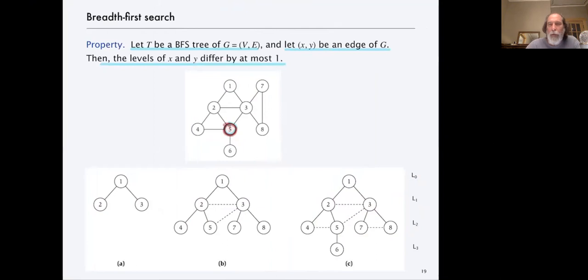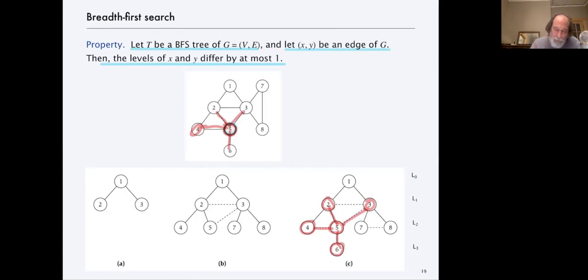Where can a neighbor of 5 be in the tree? Any neighbor of 5 has 3 options. One is it could be in the same level, or it could be in the previous level, or it could be in the next level. That's the only possibilities.